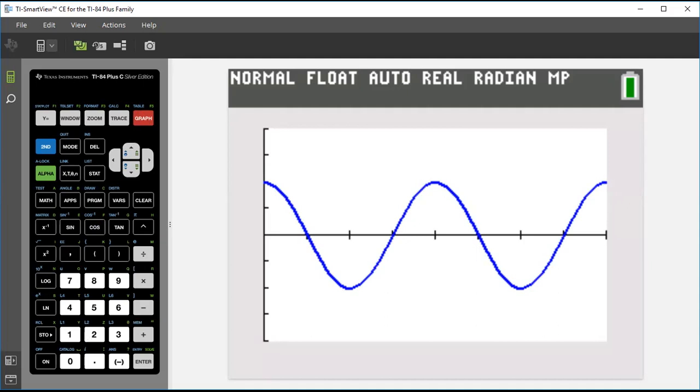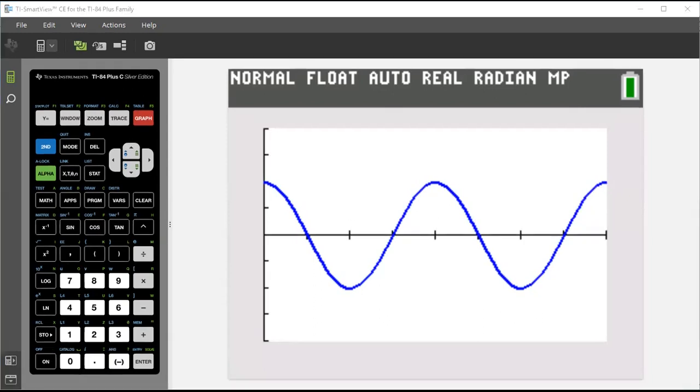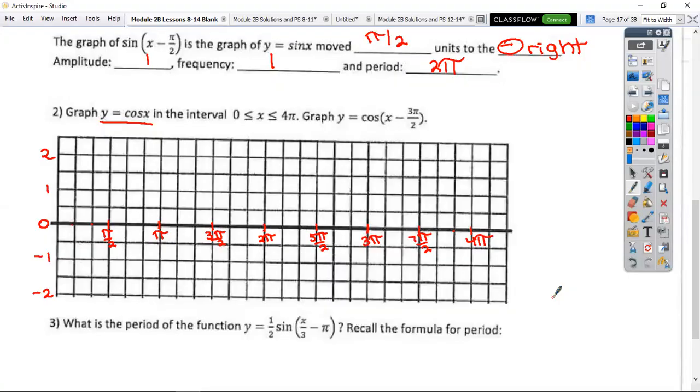All right, so I'm going to create that picture again, and then you're going to just make another identical copy. So we're going to go 1, 0, -1, 0, 1.